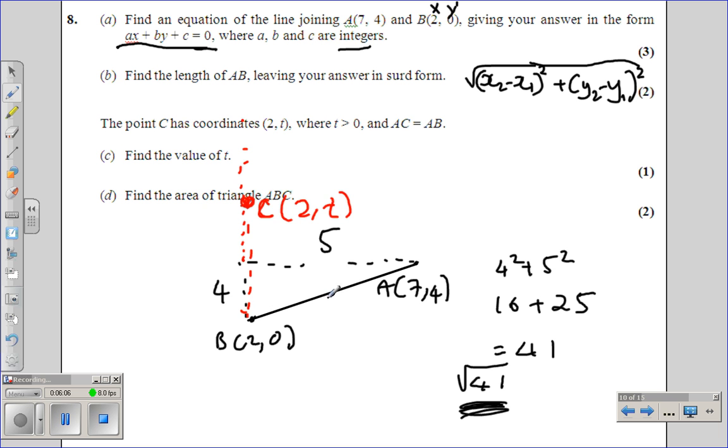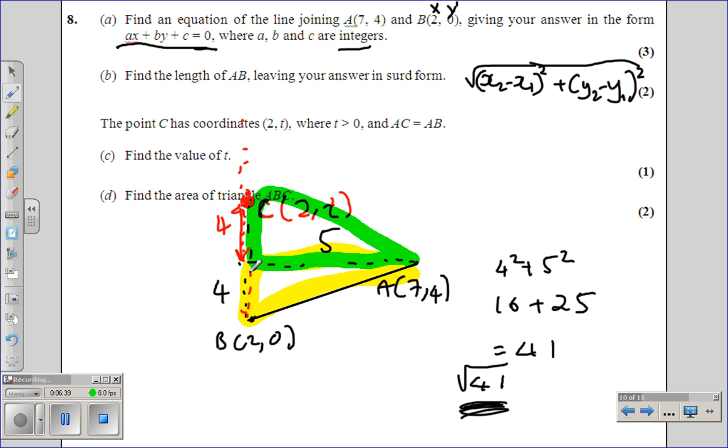Now if we look at this, because it's an isosceles triangle, this triangle here is exactly the same as this triangle here, congruent triangles. So because this distance here is 4, this distance up here must also be 4. And therefore we can work out how high up this point C is, and then we'll know the y coordinate, t.